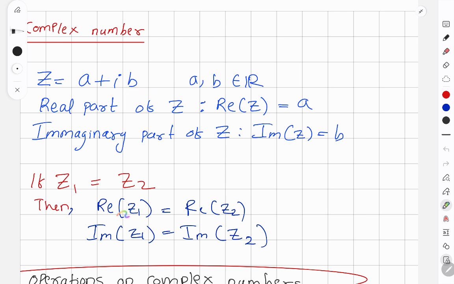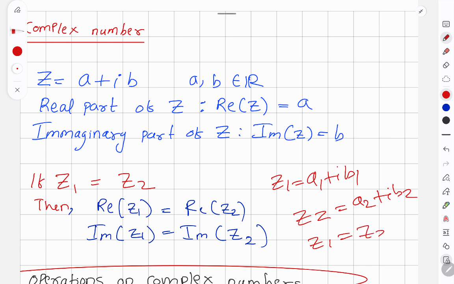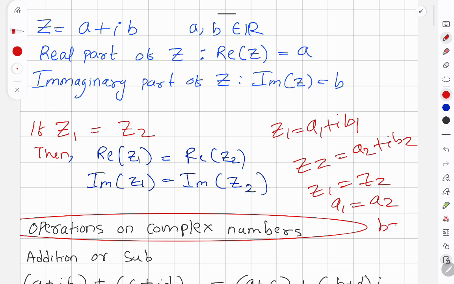So in short, if z1 equals a1 plus ib1 and z2 equals a2 plus ib2, and z1 equals z2, that means a1 equals a2 and b1 equals b2. Okay.